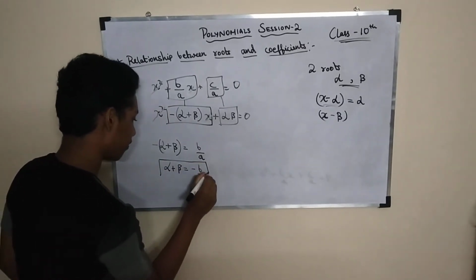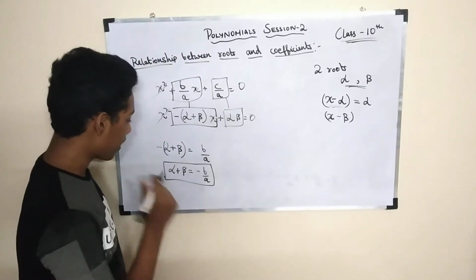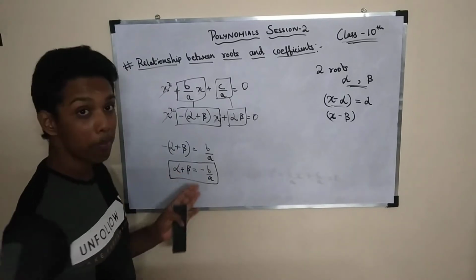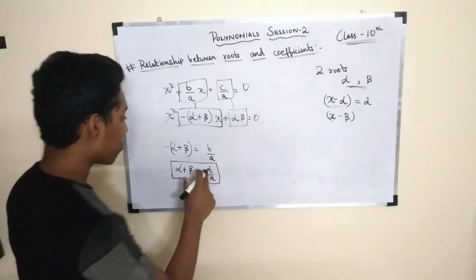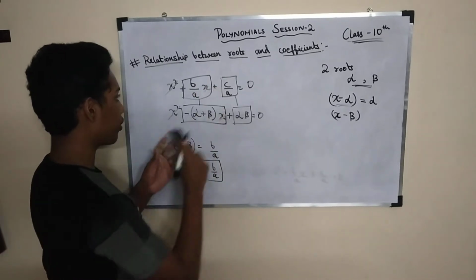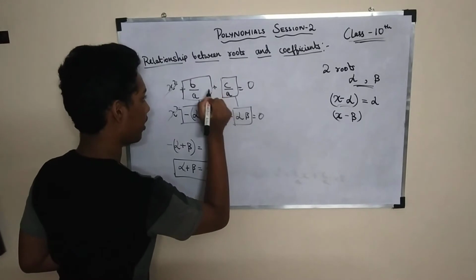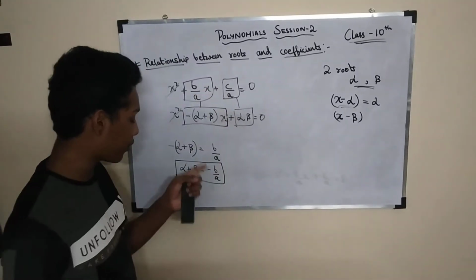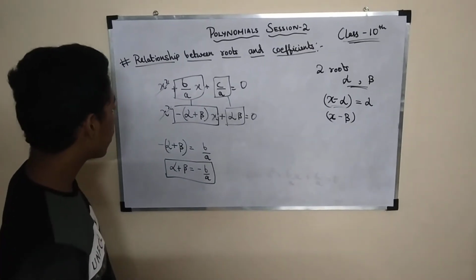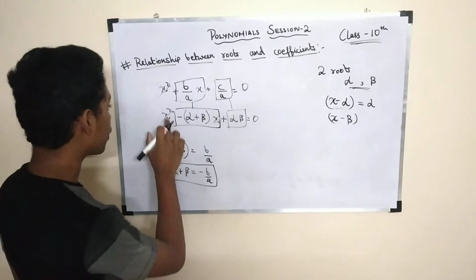This is a formula. You have derived the sum of the roots, because alpha is a root, beta is a root, so the sum of roots will result in minus b by a. Here b is the coefficient of x. Later I will tell you how to solve questions regarding it. b is the coefficient of x, and a is the starting coefficient, which is the coefficient of x square.